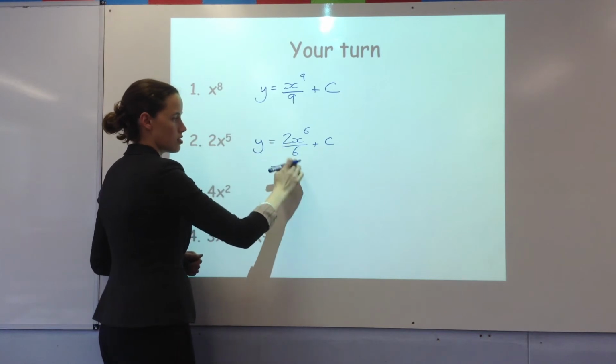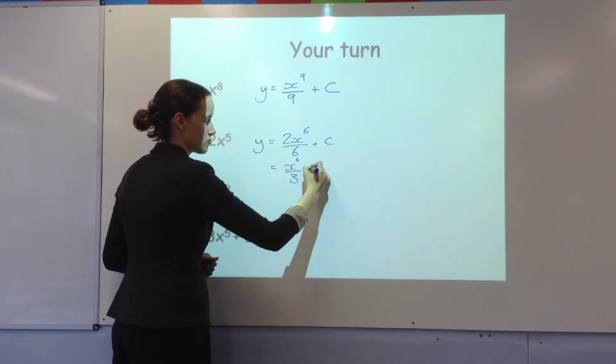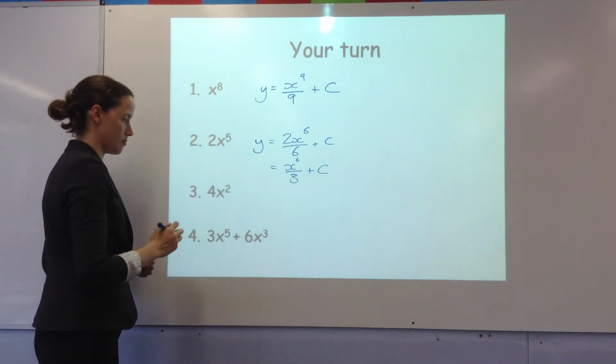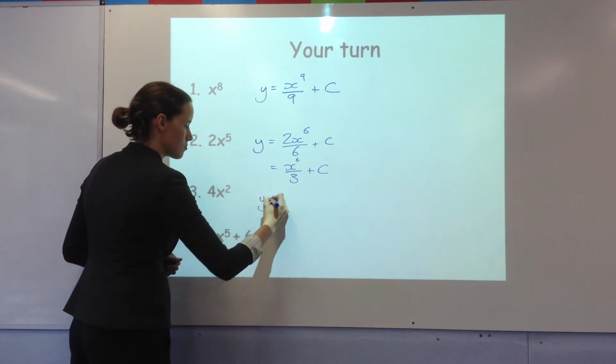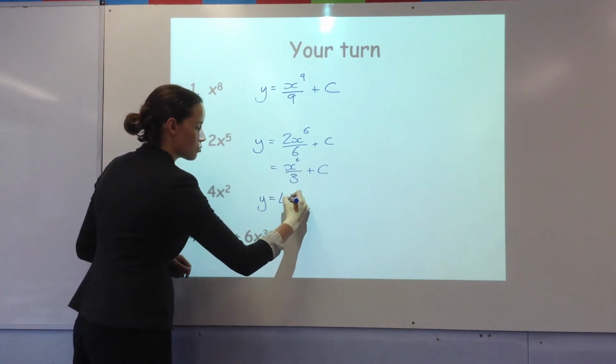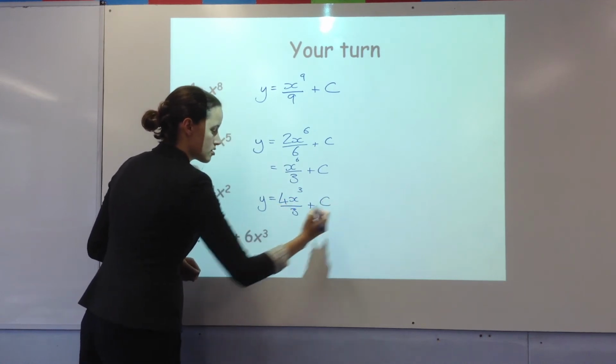So 2 goes into both of those, and we get x to the power of 6 divided by 3 plus the constant. For the next one, 4x squared, add 1 to the power, divide by the new power, plus the constant.